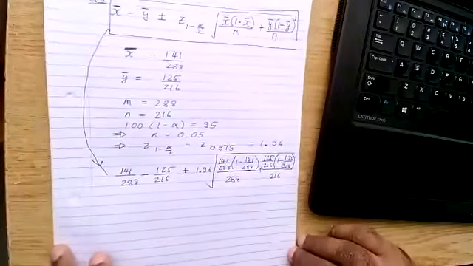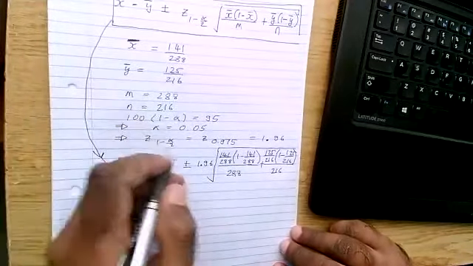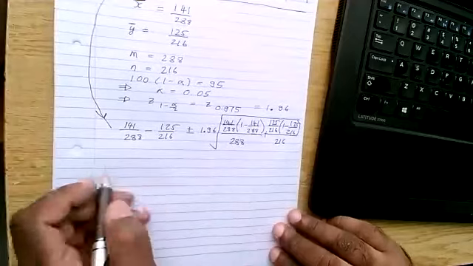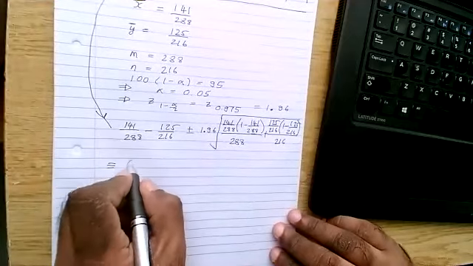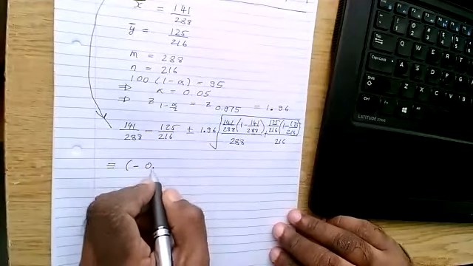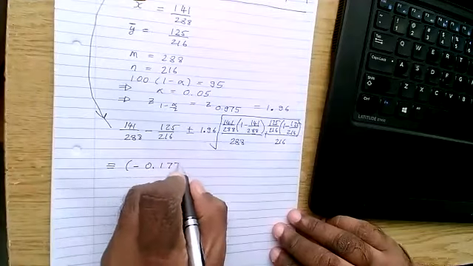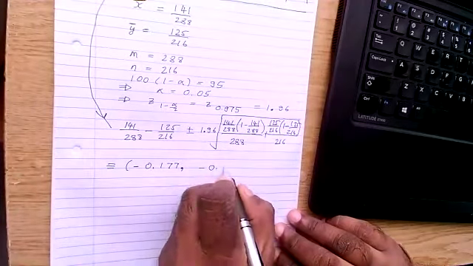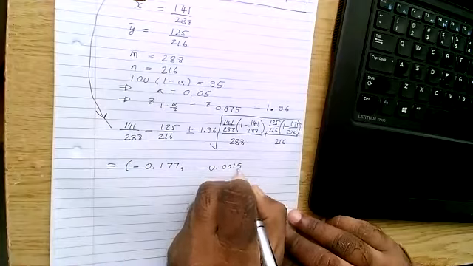Right. This is what you will get if you substitute all this into this, right? And if you do the simplification for this, the lower limit will be this, and the upper limit will be this.